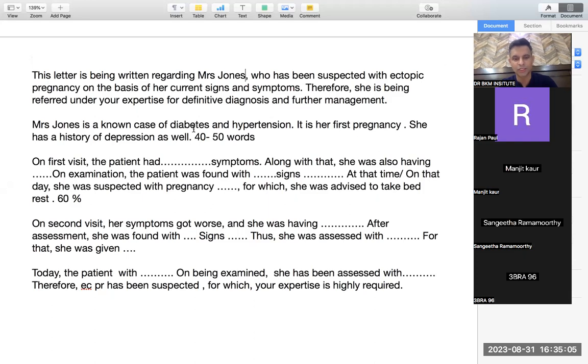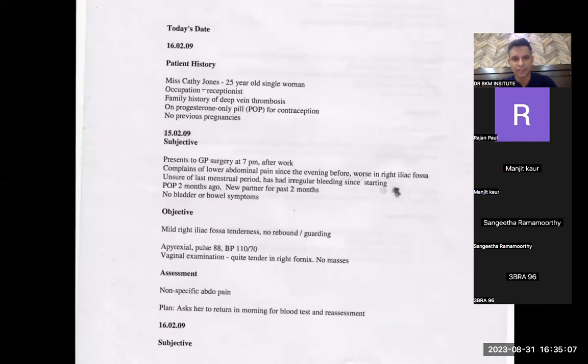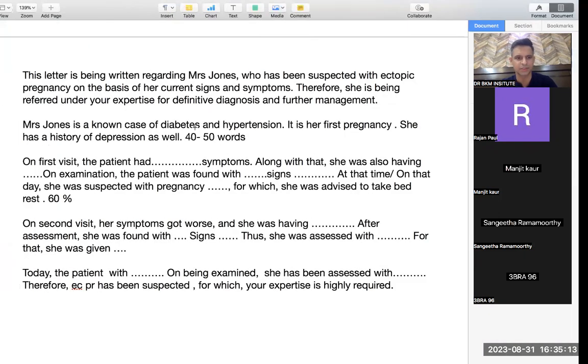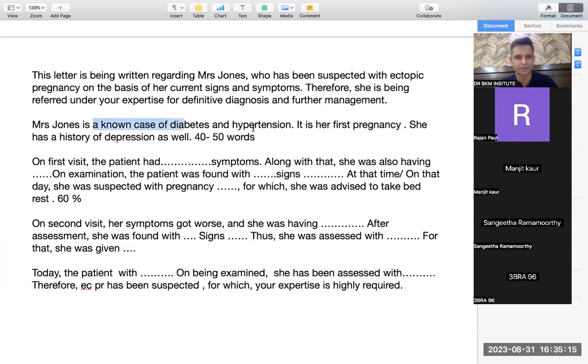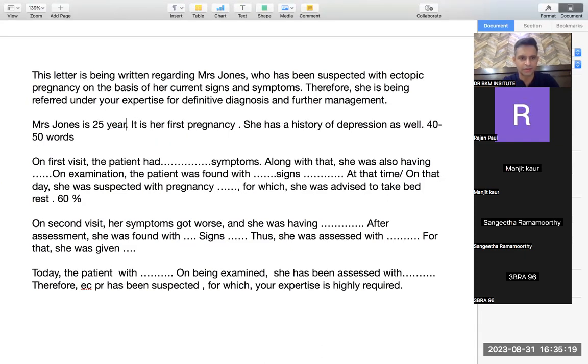Mrs. John is a known case of diabetes. Over here, it says 25-year-old woman and is on POP pill for contraception. So I will say is a 25-year-old woman, 25 years old, and is on oral POP contraceptive pills.